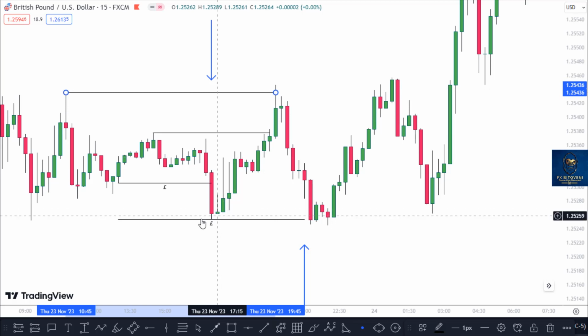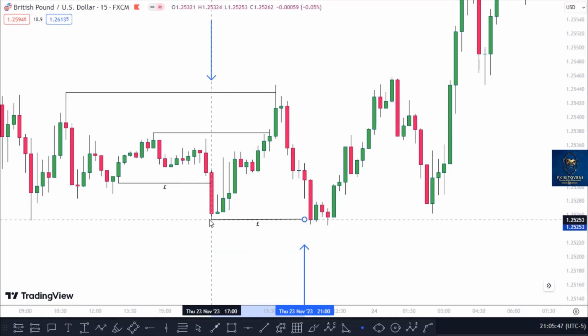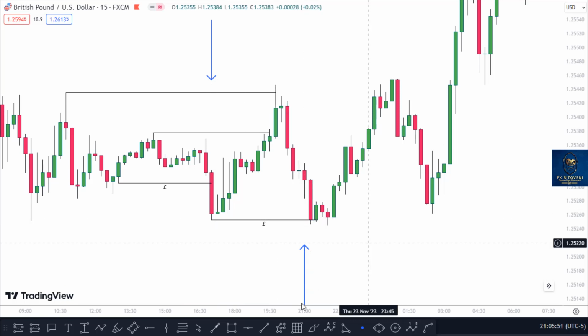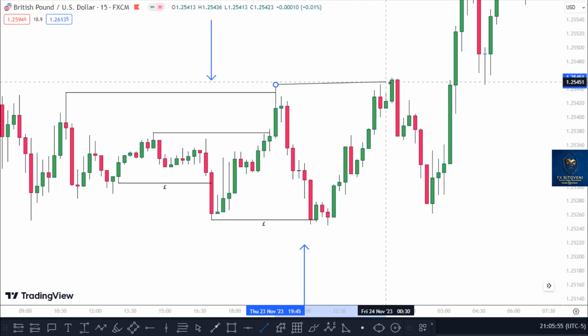This is one side. On the bottom, it took liquidity right here. Then after that, we've got a true BOS. We have got a true BOS. This is a range with trust.